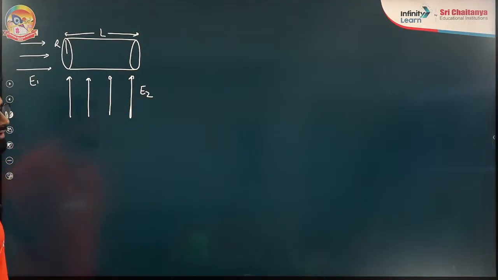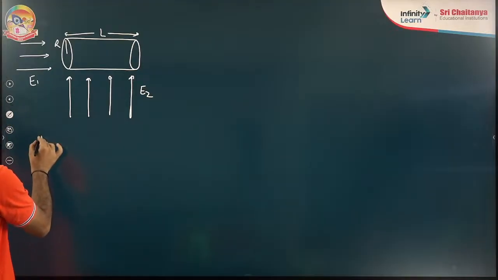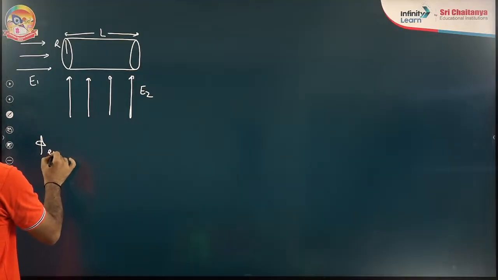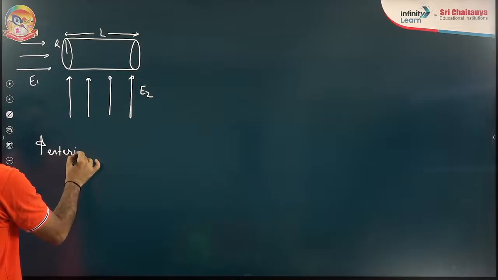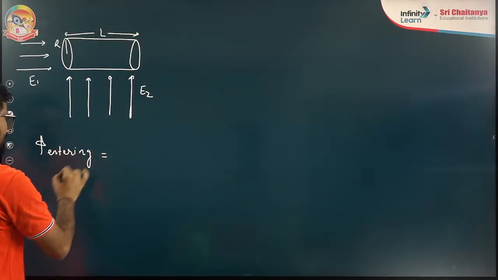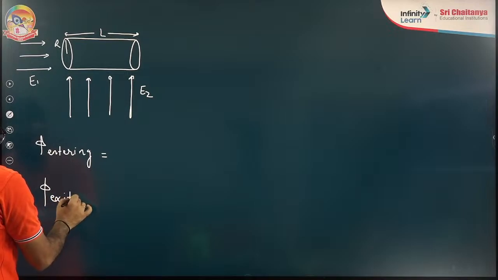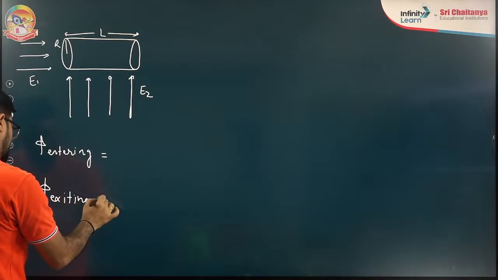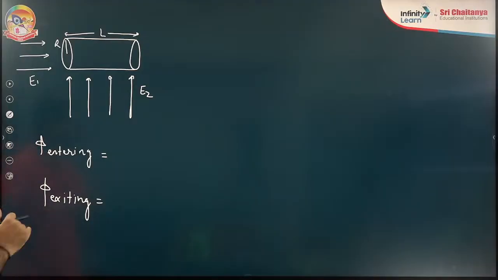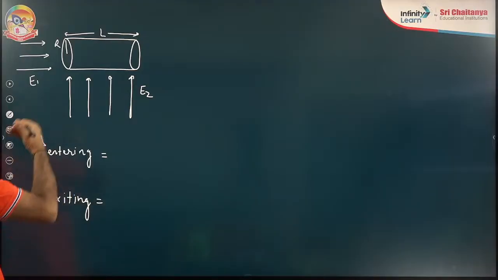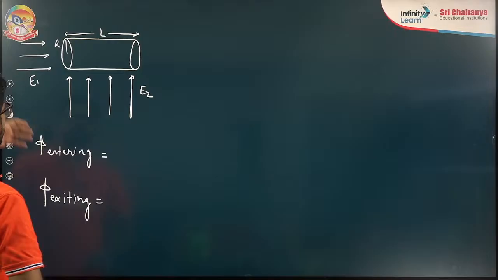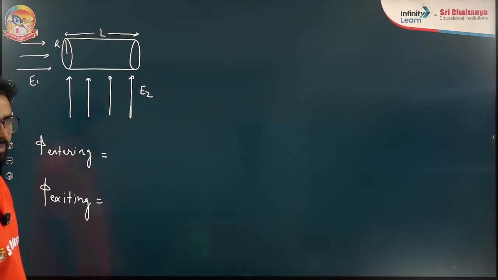Now the question is very simple. What is the flux entering? I am giving you one minute, try to solve it. And the flux exiting. So flux entering and flux exiting, that is the question. From E1 and E2 you have to calculate the total flux entering, and from E1 and E2 the total flux exiting.